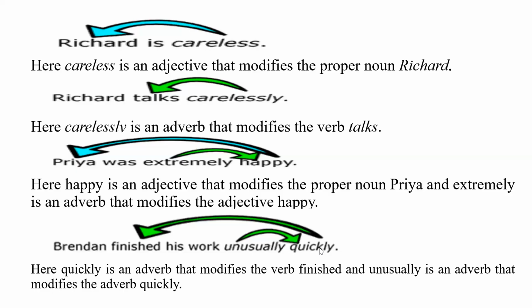Quickly, the arrow is pointing to the verb finish. But if you look at unusually here, it's also an adverb because it ends in ly. So this is pointing to the adverb quickly. In that case, it just means adverb modifies adverb. Let's see explanation. Here, quickly is an adverb that modifies the verb finish, and unusually is an adverb that modifies the adverb quickly.